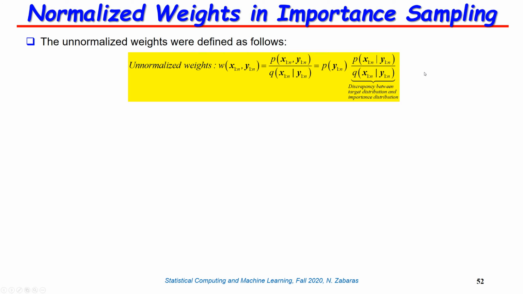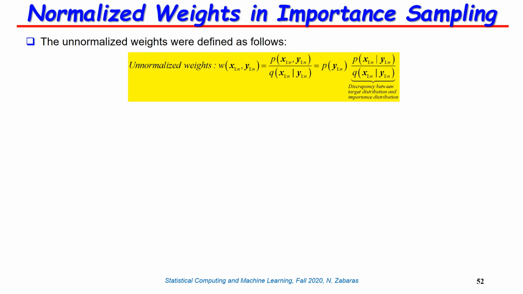But you remember, this is an objective we didn't want to have to worry about, because sampling directly from the target distribution p of x and y was not computationally feasible, and that's why we introduced importance sampling. Still, this identity here is useful because it tells you you'd like the importance sampling distribution to be as close as possible to the target distribution, right?